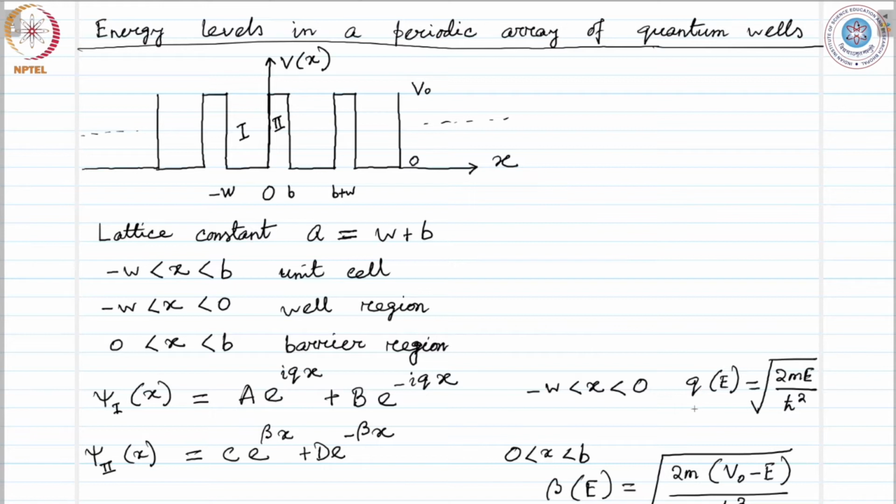This quantity q of E is the propagation wave number in the well, and beta of E refers to the barrier. A, B, C, D are arbitrary constants so far. We consider E less than V0, and so the arbitrary constants must be chosen in such a way that the boundary conditions are satisfied.